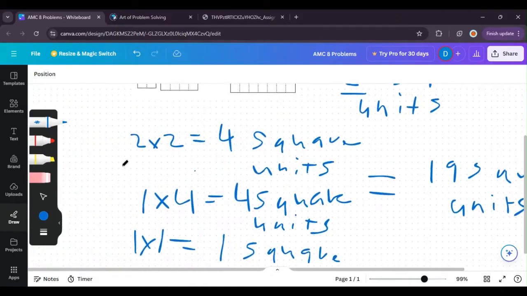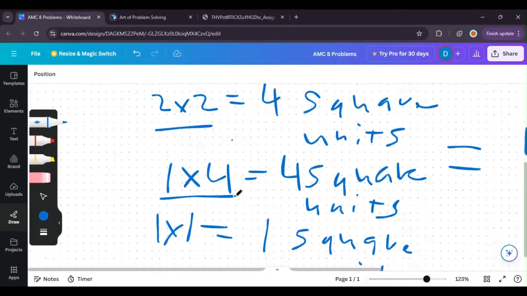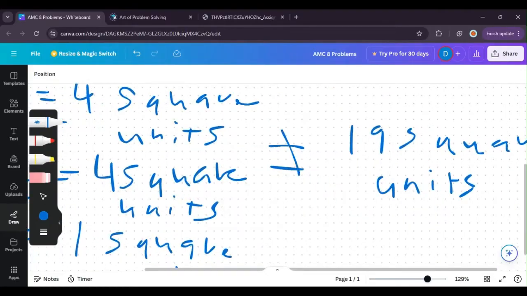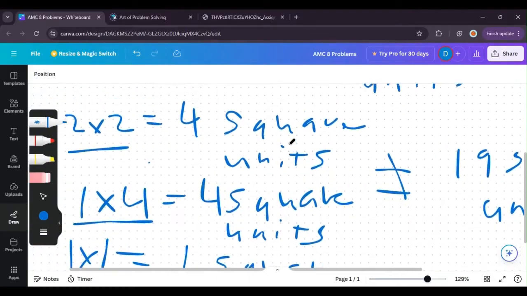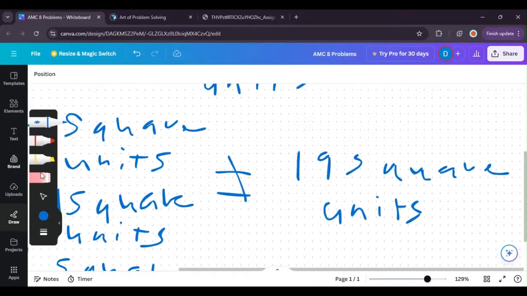So the 2 by 2 and the 1 by 4 have to cover a total of 19 square units. And we know that is impossible because they both have an area of 4 square units, and 19 is not a multiple of 4. So we know that is false.